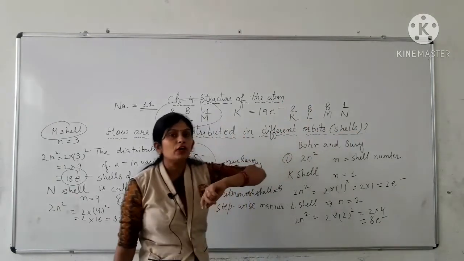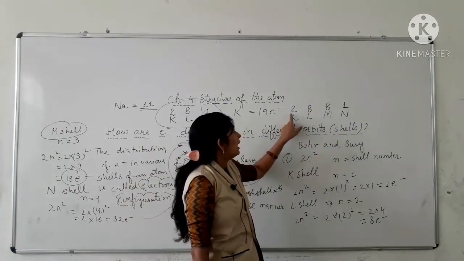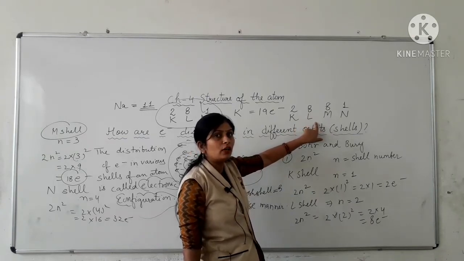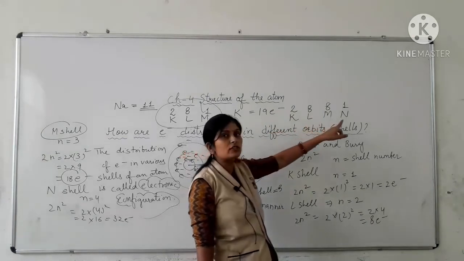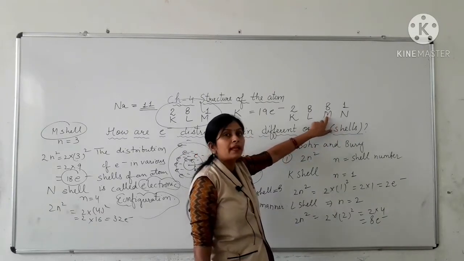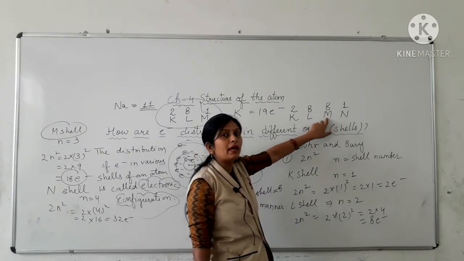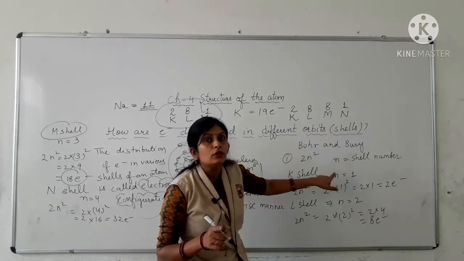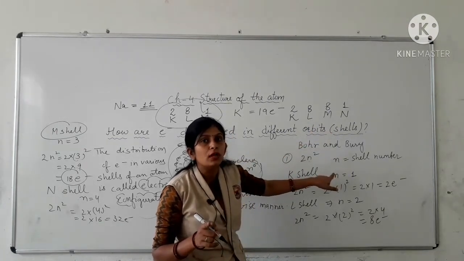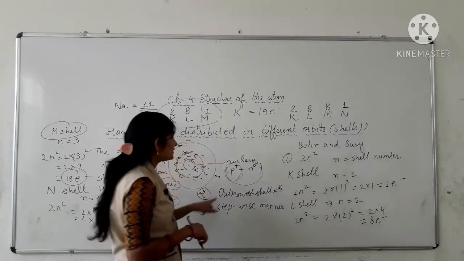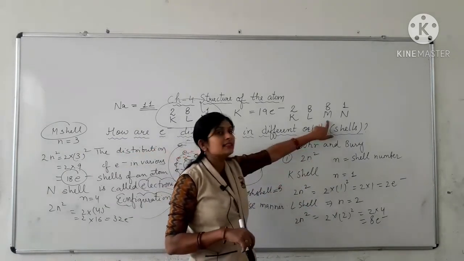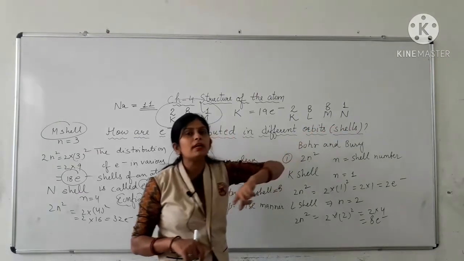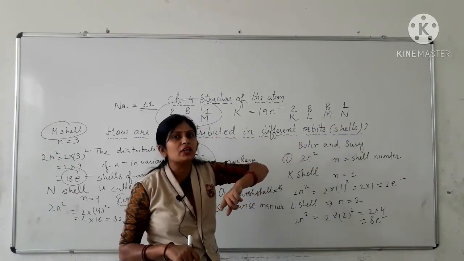Now if you are thinking that after 2, 8 in K and L shells, that is after 10 electrons out of 19, 9 electrons are remaining, so these 9 electrons can be accommodated in M shell, according to the formula 2n square, the first rule. But the second rule says that if there is any outermost shell like L, M, N, then the maximum number of electrons that can be accommodated in that shell is 8.